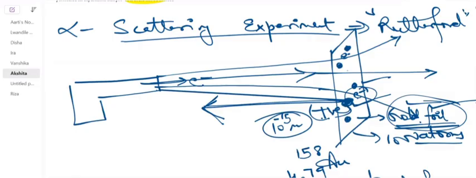Please do write these three scenarios. Be quick. These are known as postulates of the experiment. So let me give you the diagram of this.